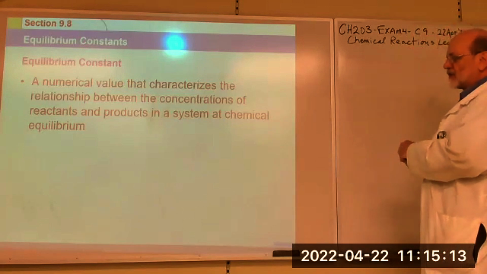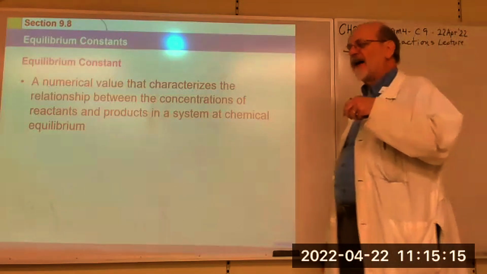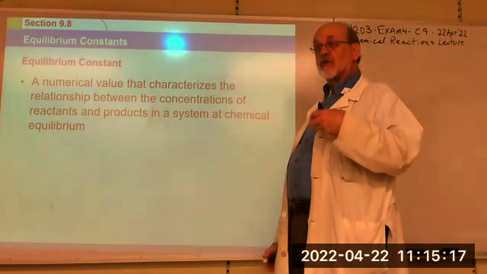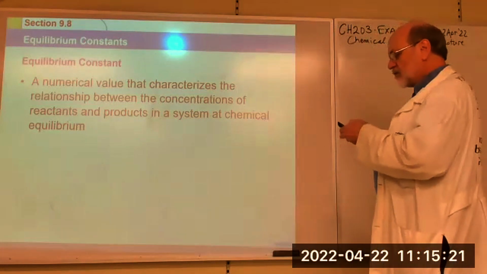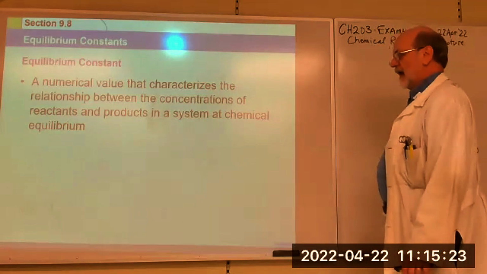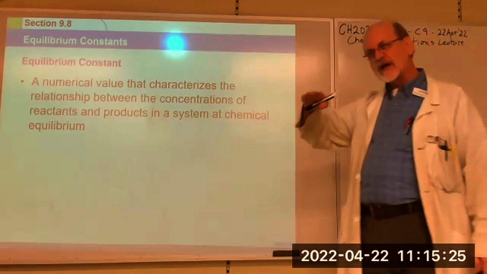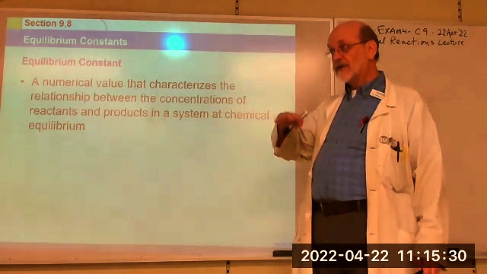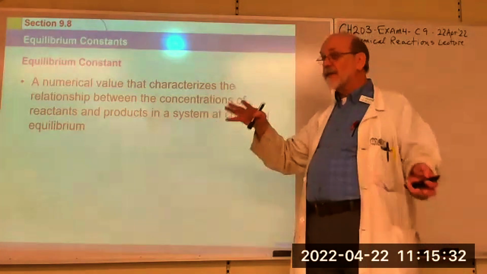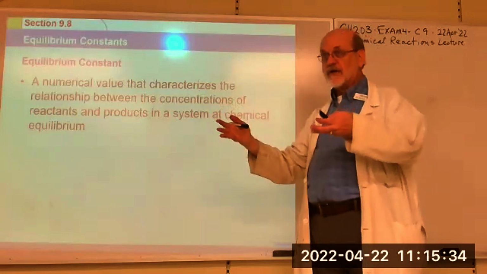The equilibrium constant is a way of quantifying that situation where you're at equilibrium. It's a numerical value. And as long as the temperature remains constant for a given reaction, the constant is constant. If you change the temperature, then you have a different constant.